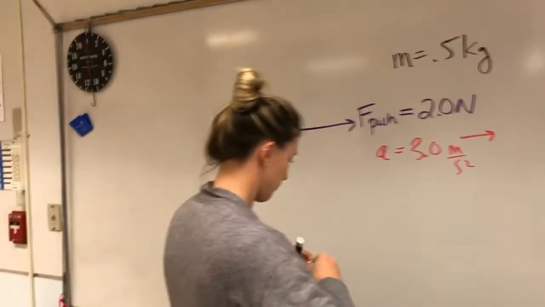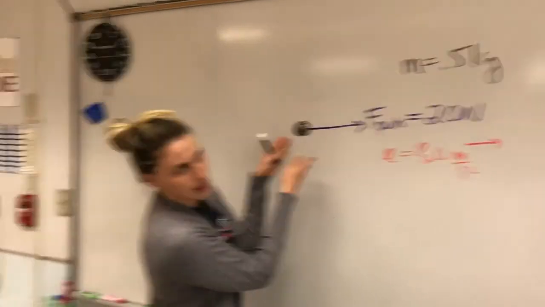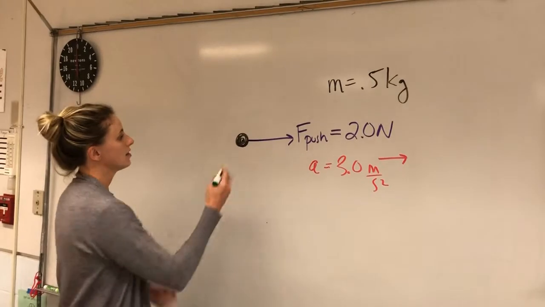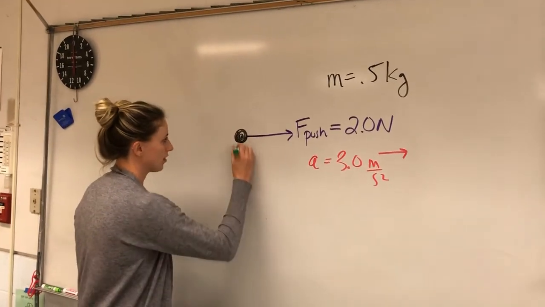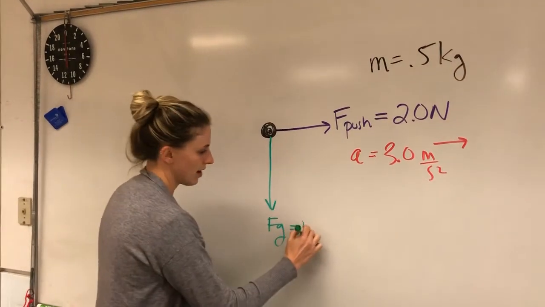Now, there's some other things we can put in here, can't we? Is our cart falling? No. So we have the force of gravity this way, keeping it from falling. And our force of gravity is mass times acceleration.